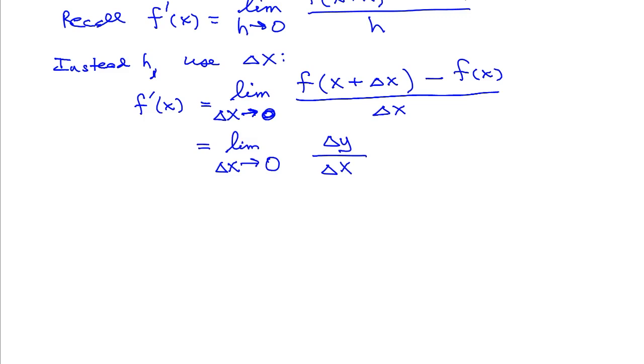What happens right before we take that limit? The limit is with delta x going to 0. Well, what happens if delta x is just really small? Then the values you get for delta y over delta x are not going to be exactly equal to the derivative, but because the limit works, we know these values are going to be very close.